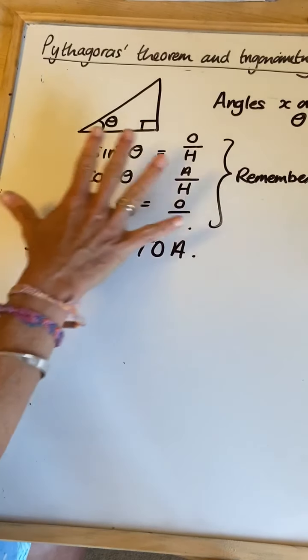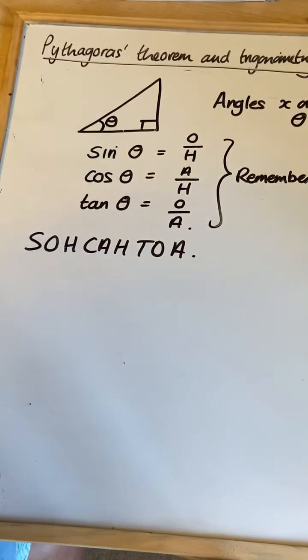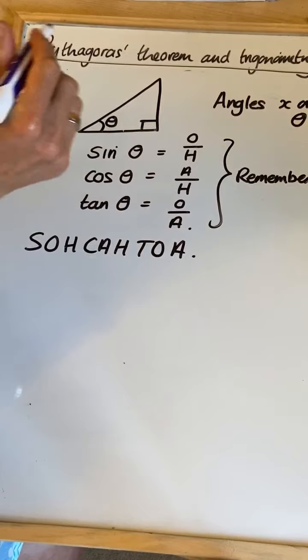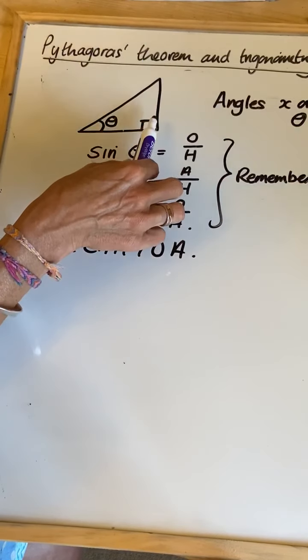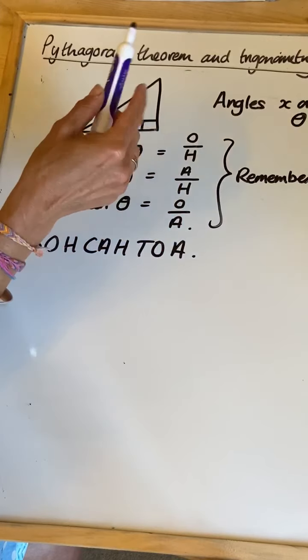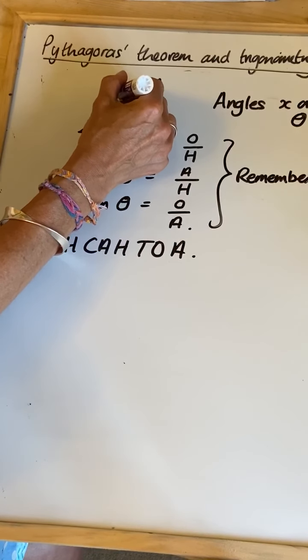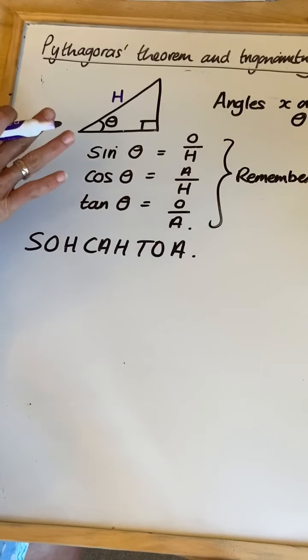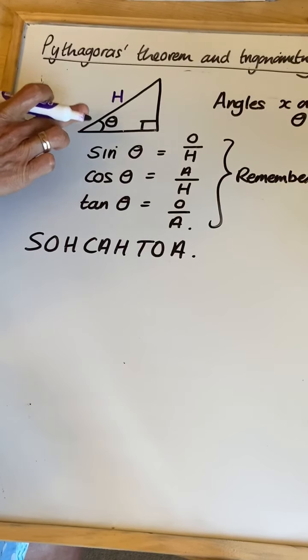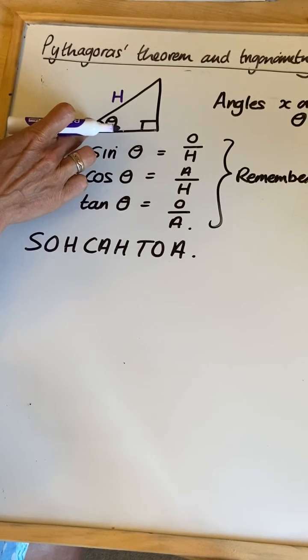But none of that is any good if you don't label your triangle properly. So just as with Pythagoras' theorem, the longest side, which is opposite the right angle, is always your hypotenuse. And then you look at the angle you're interested in the question.